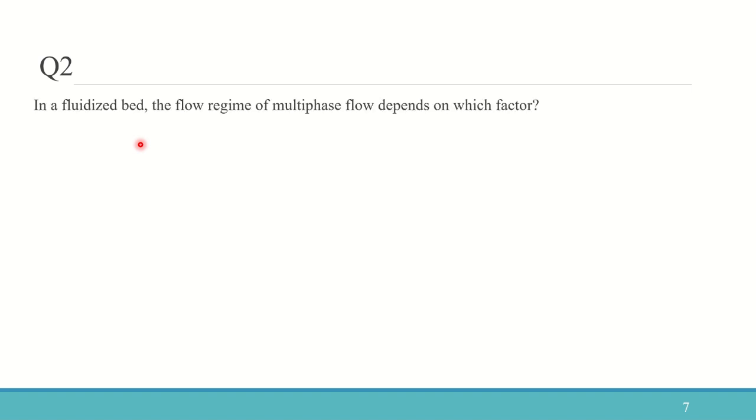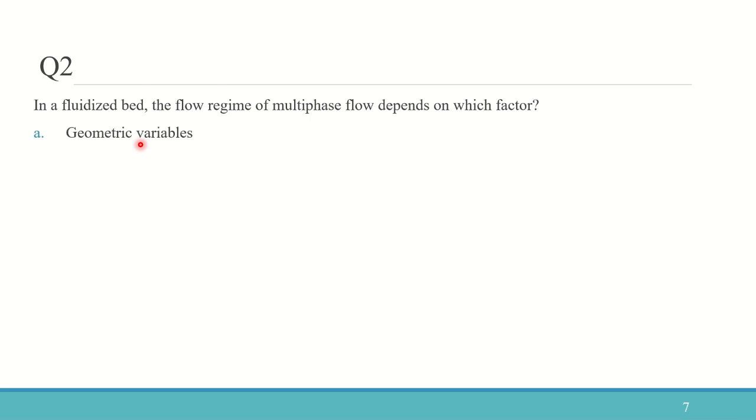And question 2. In question 2 it is given that in a fluidized bed, the flow regime of multiphase flow depends on which factor. So here the question is about fluidized beds.